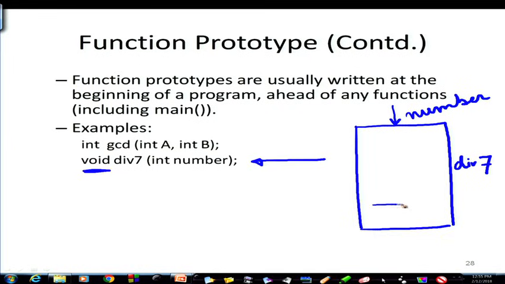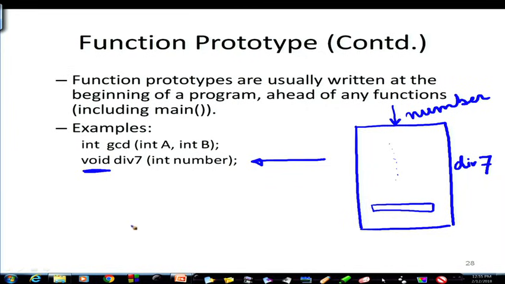Maybe it is printing something, it just takes a number, sees whether it is divisible by 7 and prints it, divisible by 7, not divisible by 7, whatever.